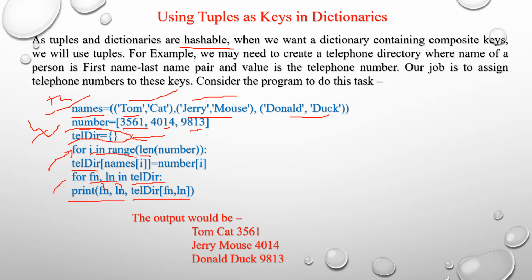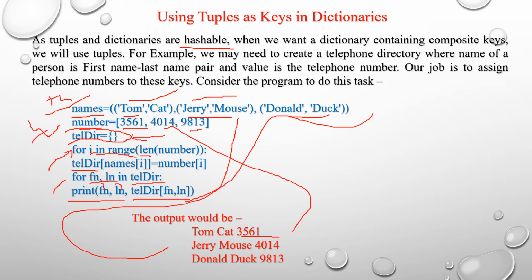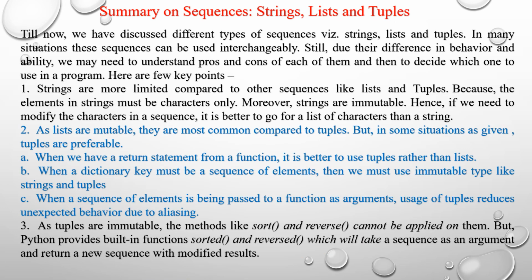If you run this code, the Python interpreter will print Tom cat with number 3561, and in the next iteration it's going to print Jerry and mouse with number 4014. In the third iteration, it's going to print Donald and duck and the respective number, 8913.